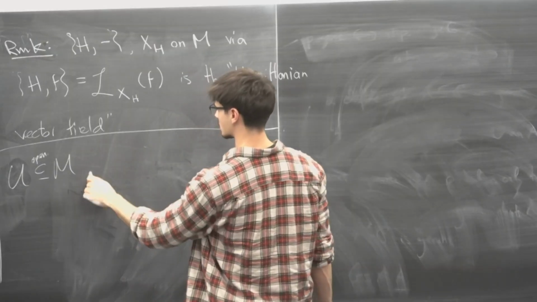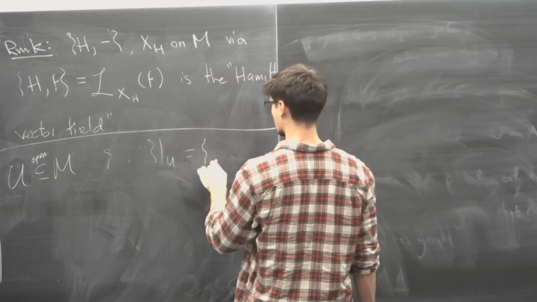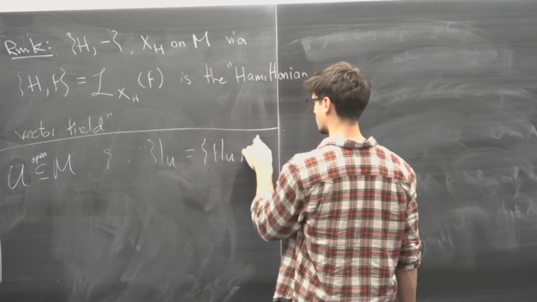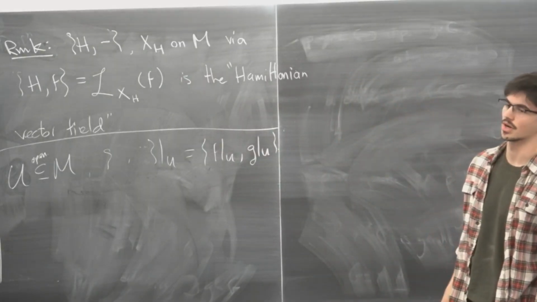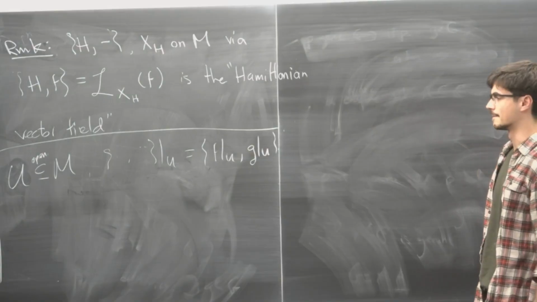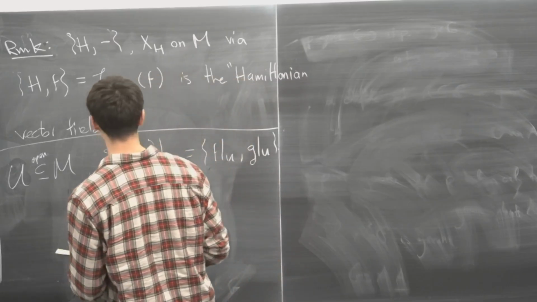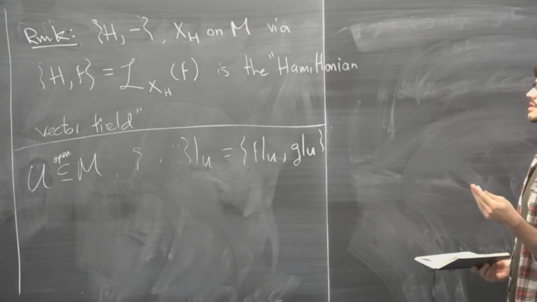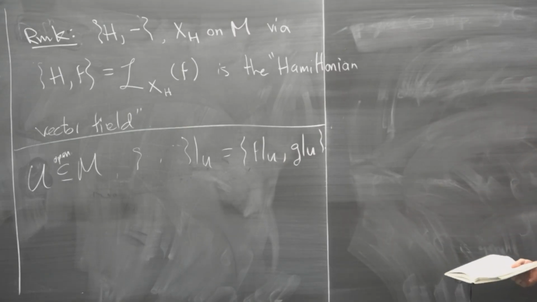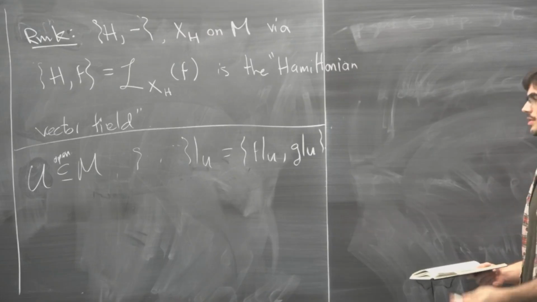We could talk about the bracket defined locally as simply the bracket on the functions described locally. Nothing particularly crazy, but this is really important to us because if we wanted to know things about this bracket, or the structure with which the manifold is endowed, we can just look at these things locally.